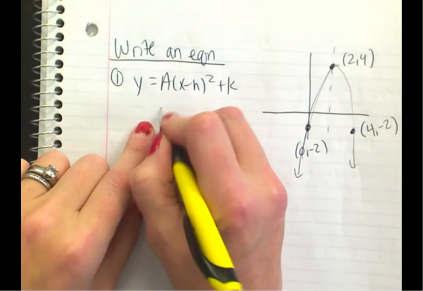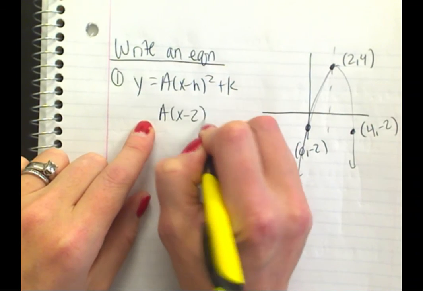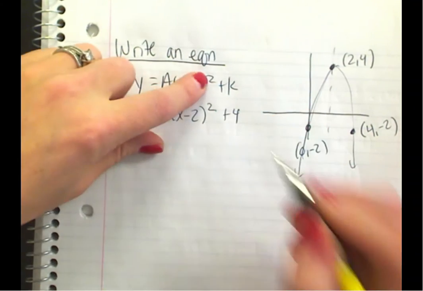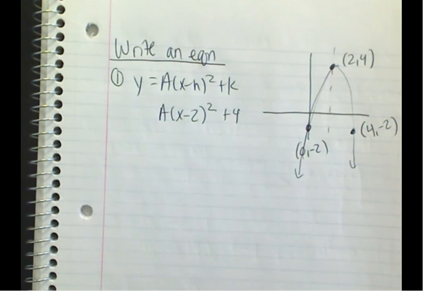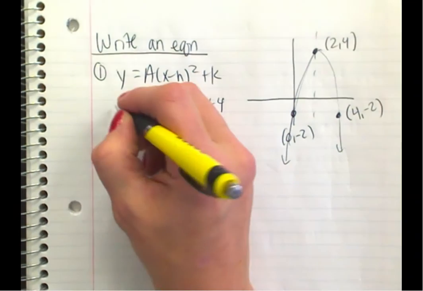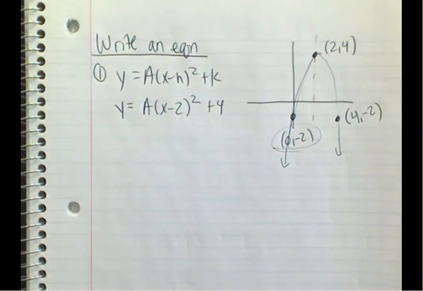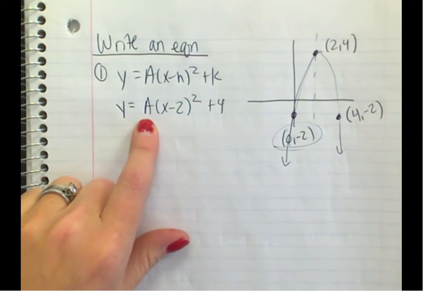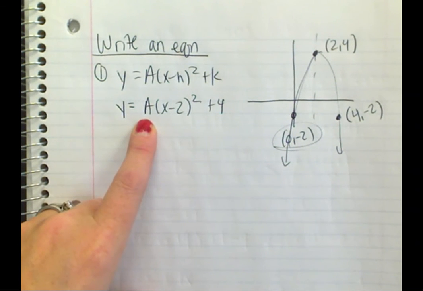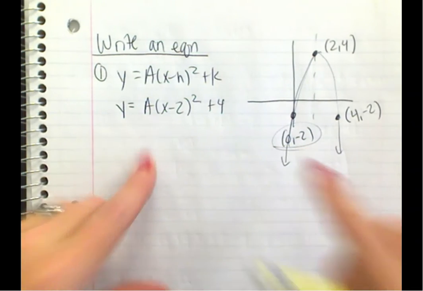I know h and k. Don't forget your square, guys. If you don't put a square there, it's not a parabola, it's a line. How do you find a missing coefficient? You plug in a point. I only have one missing coefficient, which means I only have to plug in 1 point.